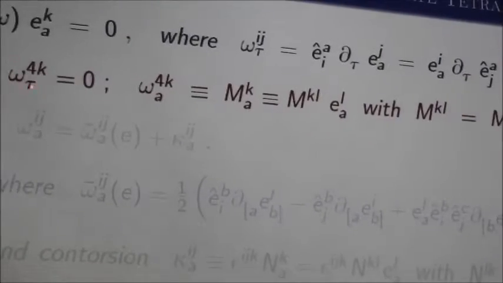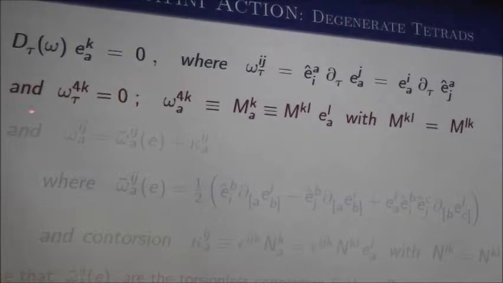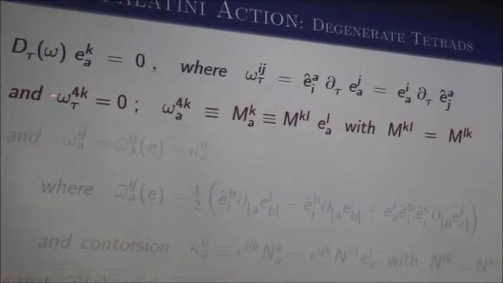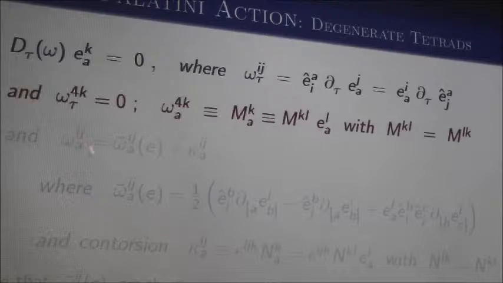Next, these equations of motion imply that the connection component omega_τ^{4k} should be 0. So that fixes 3 more. Then omega_A^{4k}, these are 9 fields. I will introduce a symbol for them, M_{AK}, and equivalently these 9 fields can be written as a matrix M_{KL}, resolved in the basis of non-zero, invertible triads.